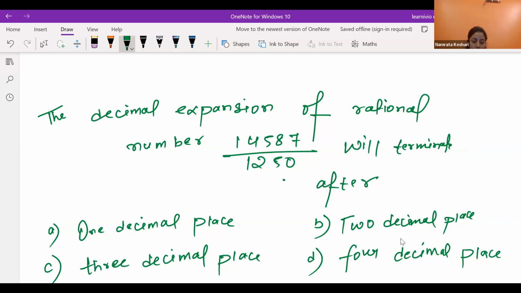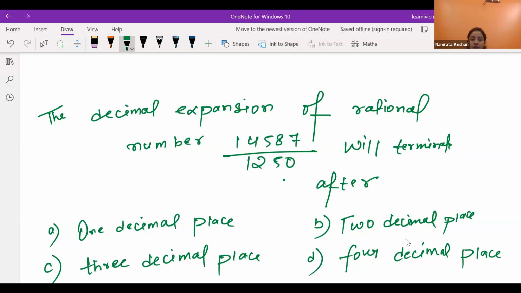Yes, Ritvika, please check it. Is it 2? I think it's 3. You are getting 3?